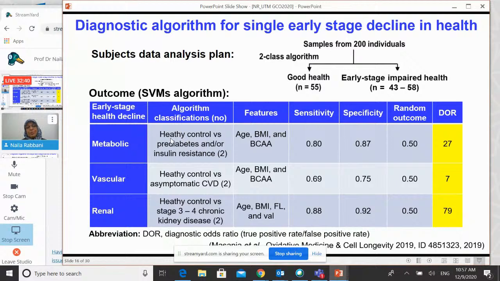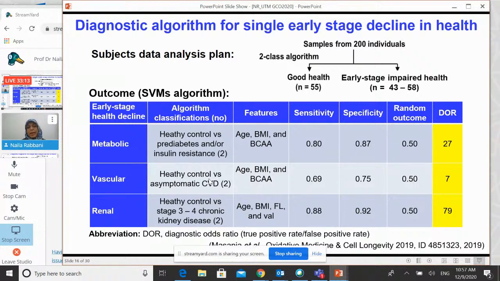So for metabolic health, healthy versus pre-diabetes, the features which gave the best algorithm were age, BMI, and branched-chain amino acids. This gave a sensitivity of 80%, specificity of 87%, and the diagnostic odds ratio was 27, which is pretty good for very early detection, separating healthy versus the pre-diabetics.